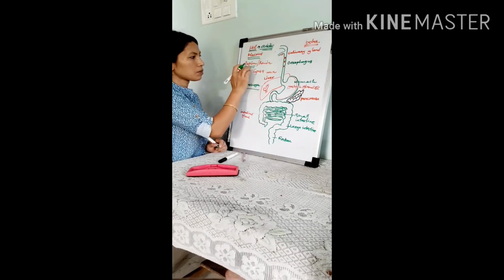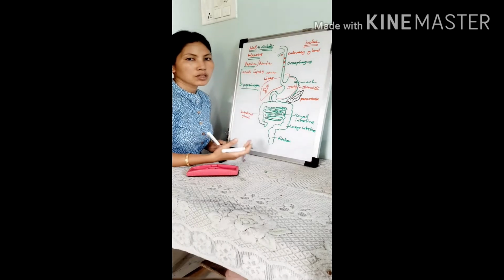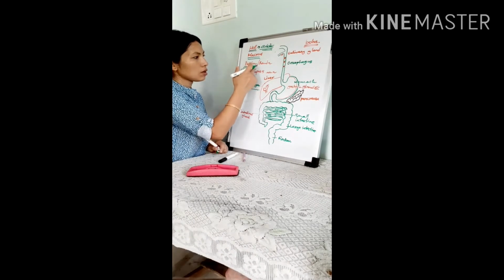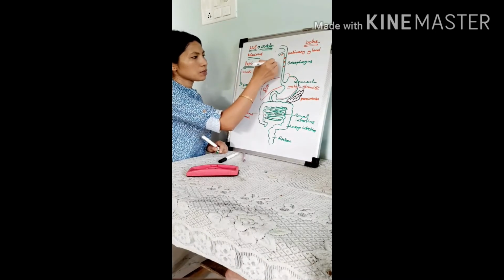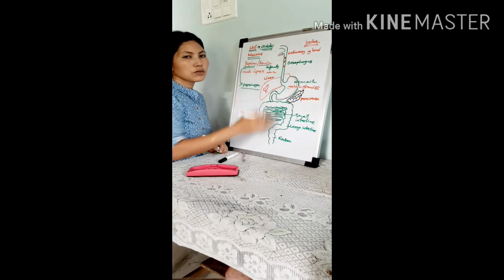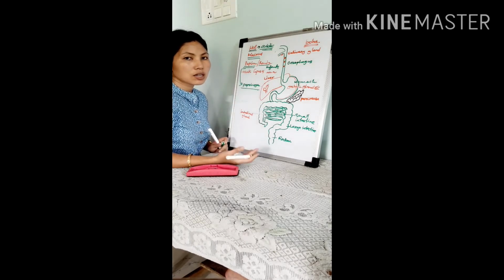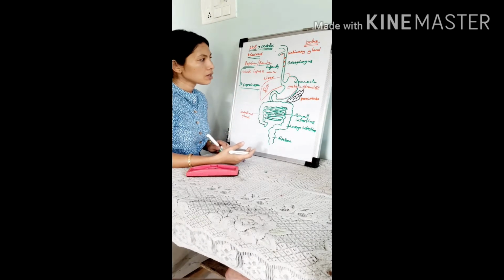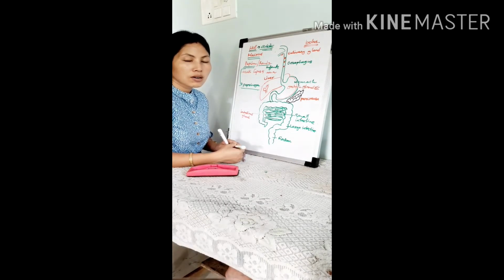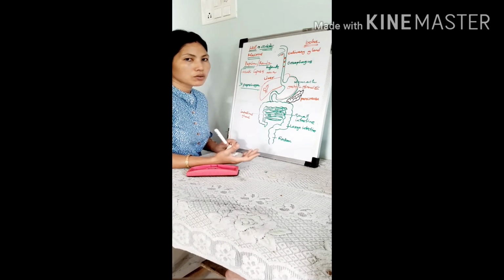Then this pepsin acts on the protein molecules present in the food, right? On the other hand, renin is present only in infants. Remember this: renin is present in the stomach of infants, because babies feed on mother's milk, which is very difficult to digest.